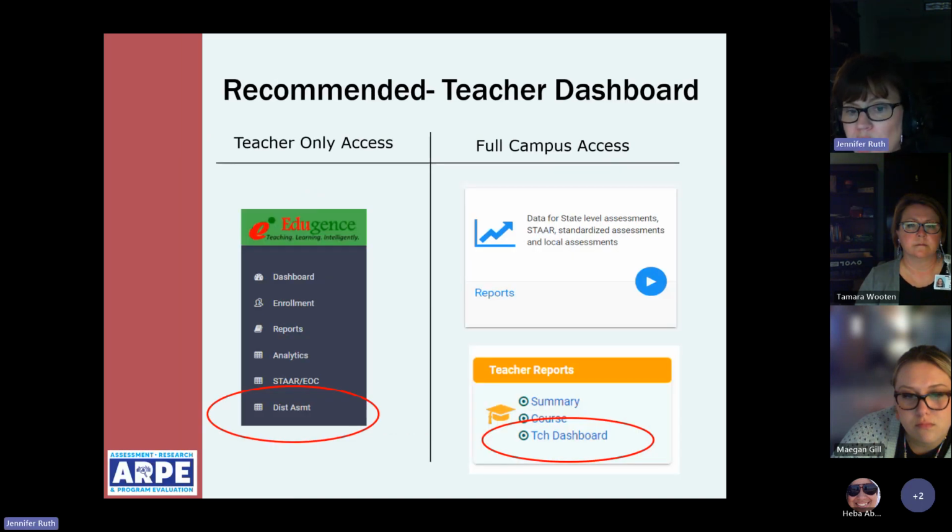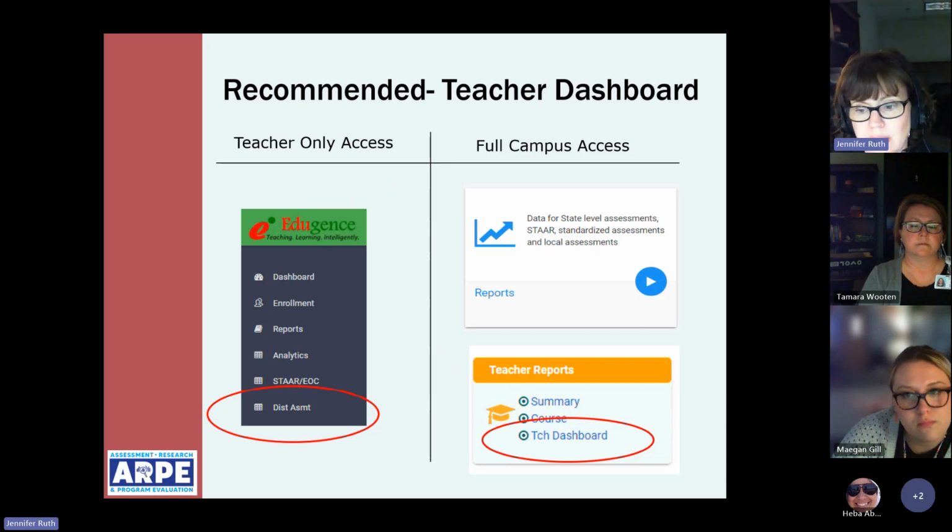We recommend that you access your reports for your district tests, your PMAs, or your unit assessments through the teacher dashboard. How you access the teacher dashboard depends on your level of access in Edugents. If you have teacher-only access, if you do not have full campus access in Edugents, you can only see your class.